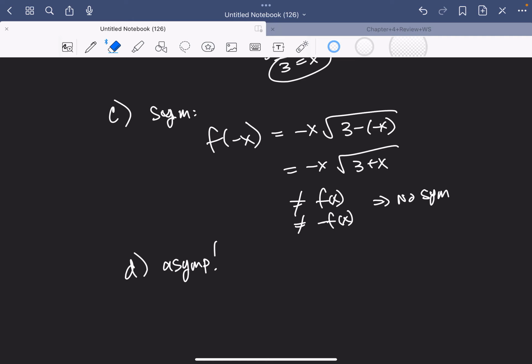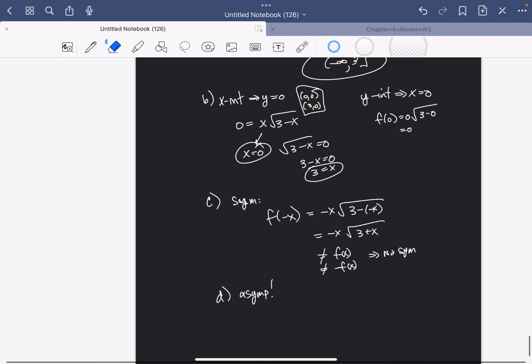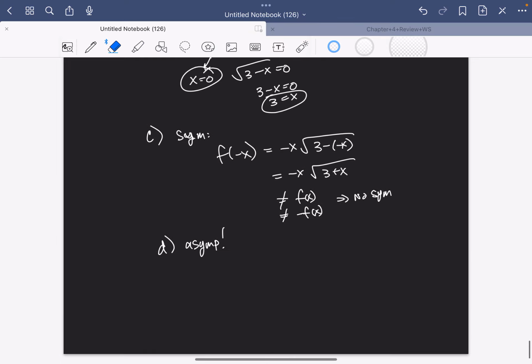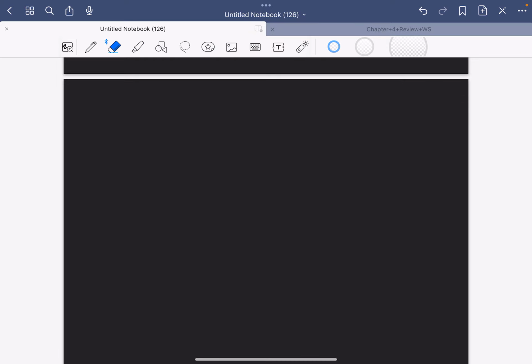For E, let me see E. Okay, so for E, we're worried about concavity, yes? Wait, let me see. No, I'm sorry, we're worried about increasing, decreasing. So let's worry about increasing, decreasing. We know that first we find the critical values.